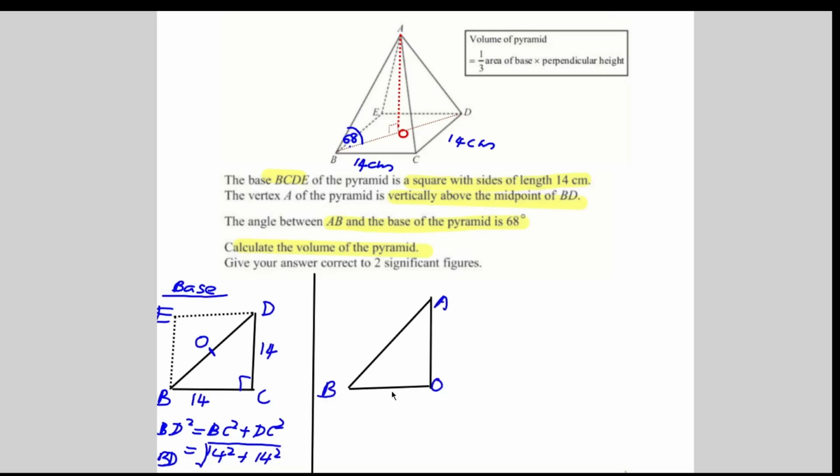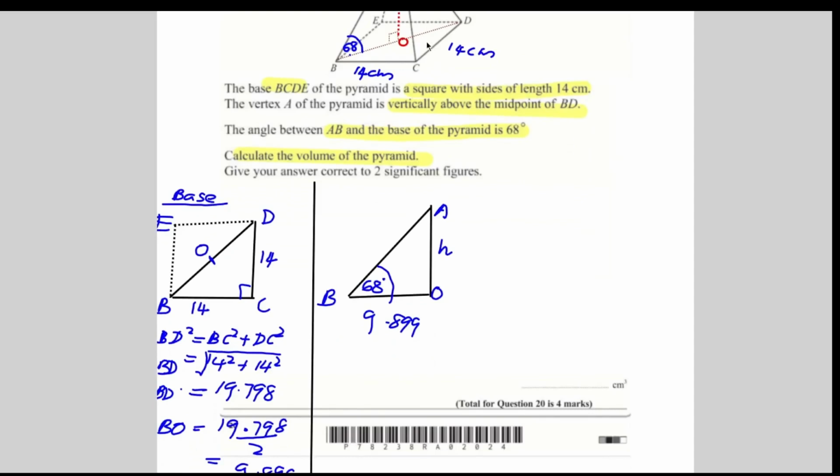AOB. I know that angle ABO is 68 degrees and BO is 9.899. We need to get this height, right? This is the perpendicular height. We need to get it. We have this angle. We need to get this one.